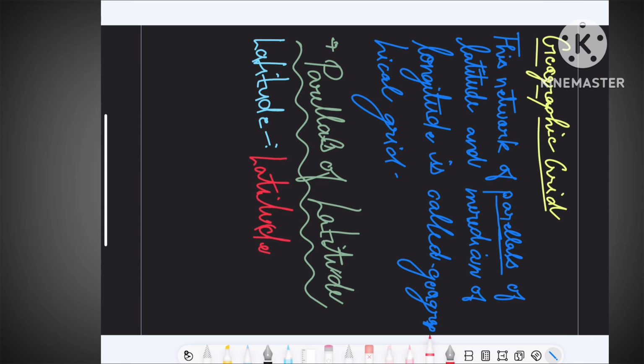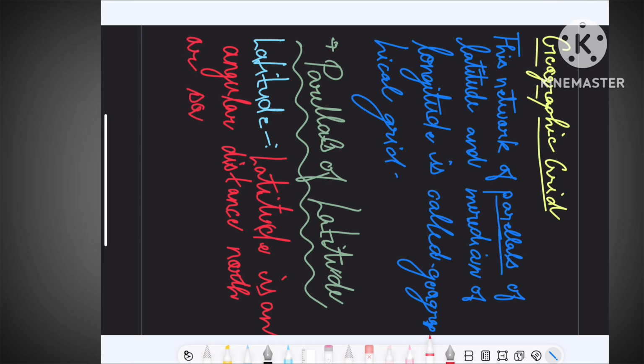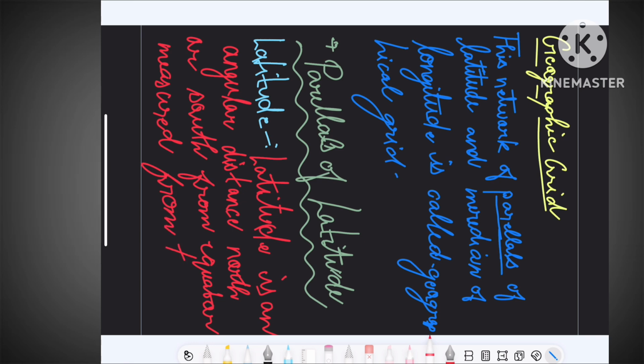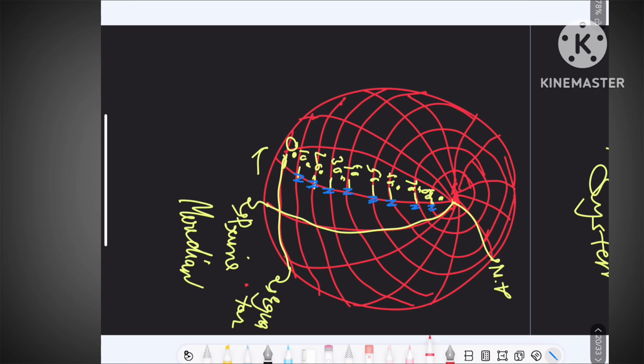Latitude is an angular distance north or south from the equator, measured from the center of earth.